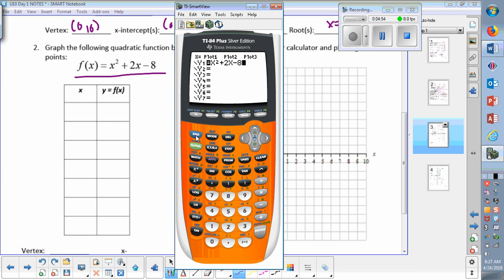Then I'm going to hit second graph and look at my values. Okay, there's nothing added in for this, so I'm going to start at -5.